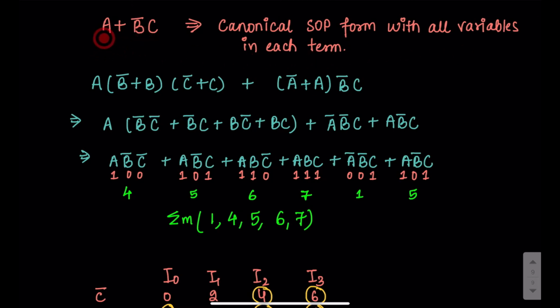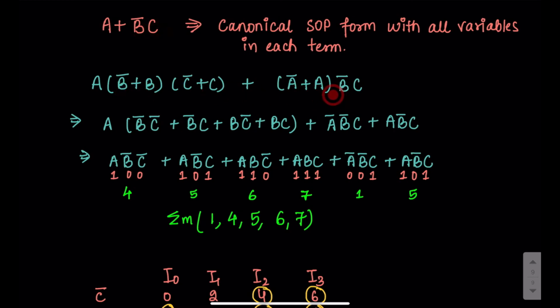Now we know that the first term does not have the variables B and C, so we substitute them by writing B plus B bar and C plus C bar, because these two brackets are actually one only. So even though you write it or not, it doesn't matter. And then in the second term you have the A variable which is missing, so you substitute A plus A bar.